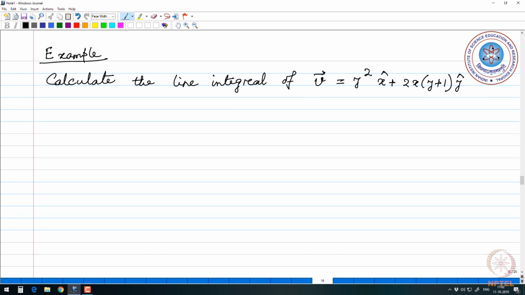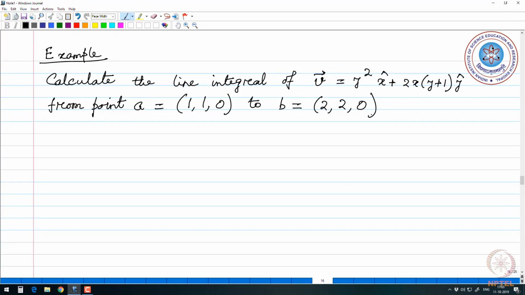You can clearly see that this vector v is a two-dimensional vector, and start from point A, that is given by 1 1 0, and end at point B, that is given by the coordinates 2 2 0.